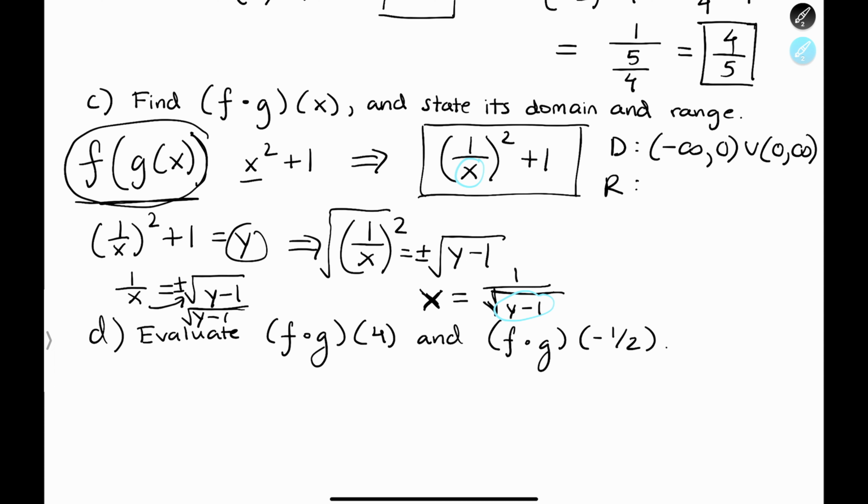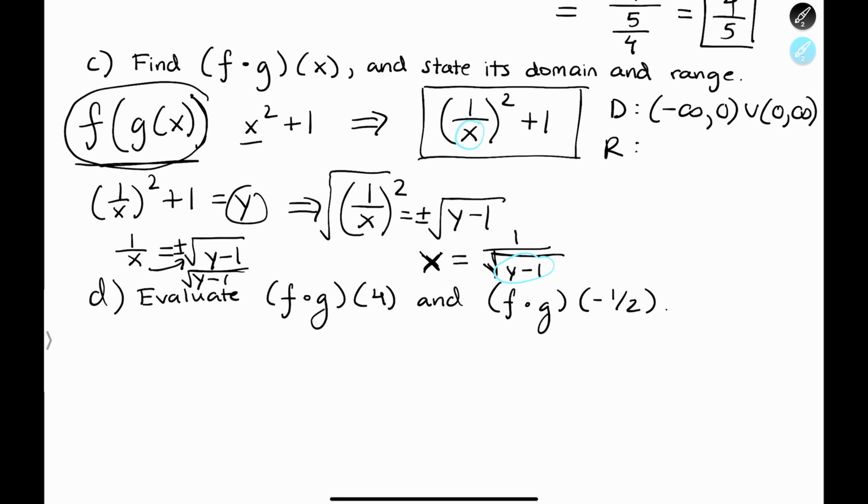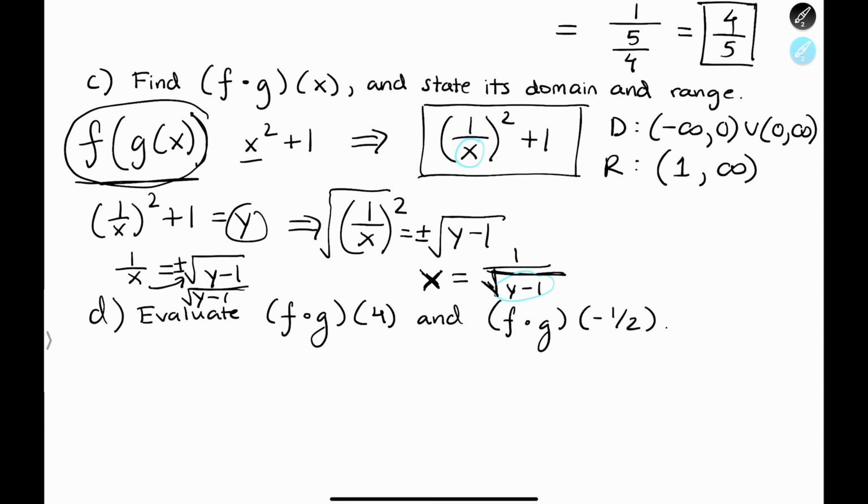So that is why the range goes from 1 to infinity. Since this value is in the denominator, it cannot be equal to 0, so therefore we cannot include 1 in our interval, so it's going to be an open interval from 1 to infinity.